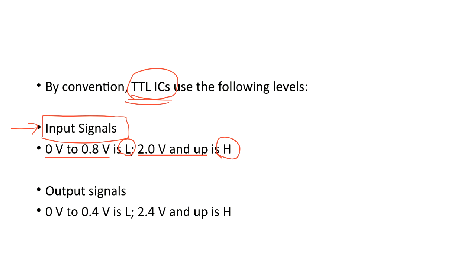Similarly, we have output signal levels, which you can see here. 0 to 0.4 volts is low. So when the logic gate gives you an output of 0 to 0.4 volts, you should understand that it is giving you a low level, meaning binary 0. And if it is giving you 2.4 volts and up, then you should understand that you are getting binary 1.